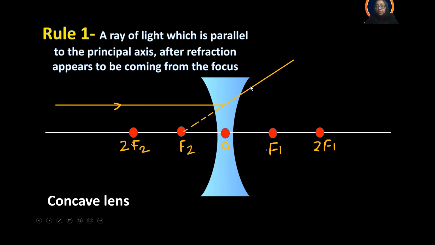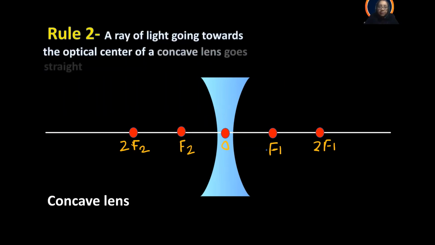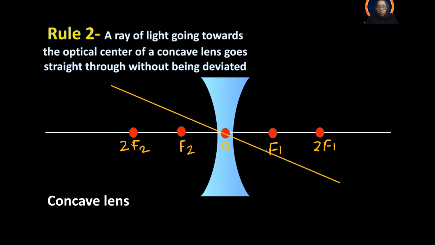So this is the first ray that is considered as a standard incident ray we can take. Okay, so this is the first rule for the concave lens. Now the second rule states that a ray of light going towards the optical center of a concave lens goes straight without being deviated. So there is no refraction or no bending happening. Okay, so this is similar to the convex lens, right? So this is our second rule.